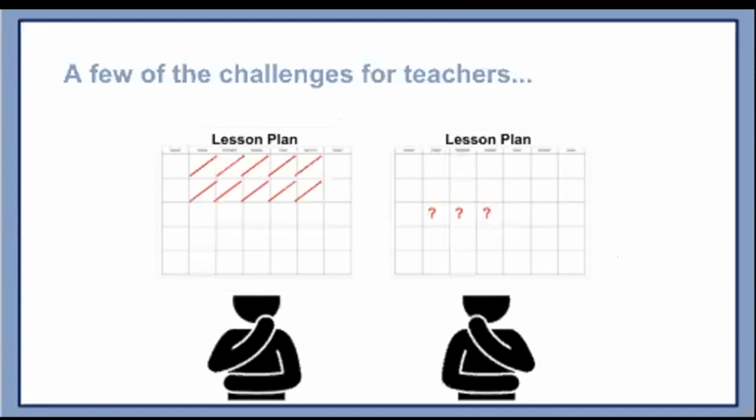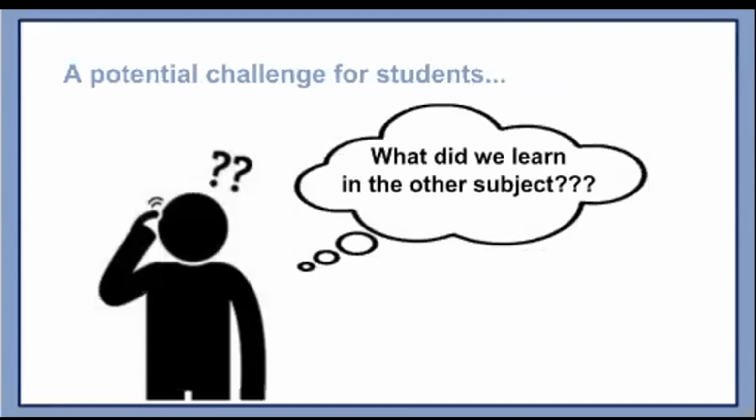Also, there might be less ability to adapt the schedule and the learning experiences as student needs arise. Maybe they're not getting something and they need to shift around how the unit's progressing. But if one subject's already done with their teaching, it kind of leaves the teacher who comes second with a little bit more challenge.